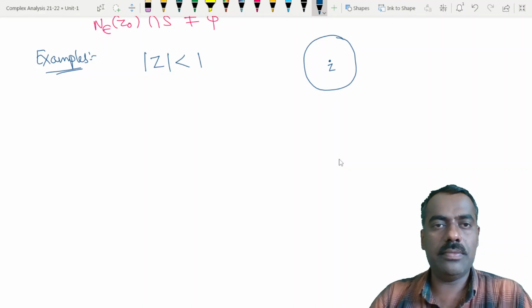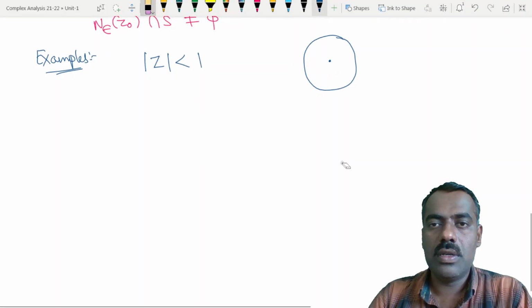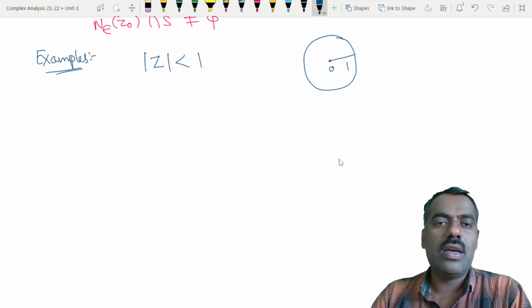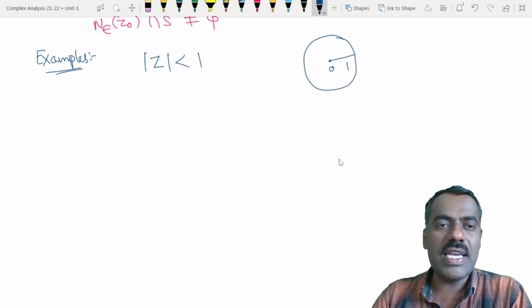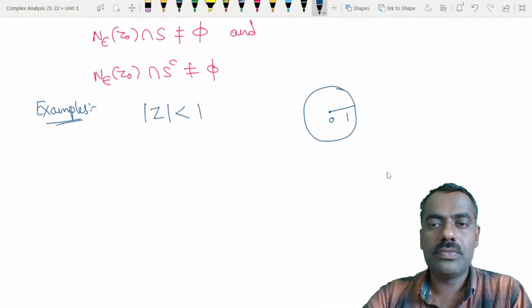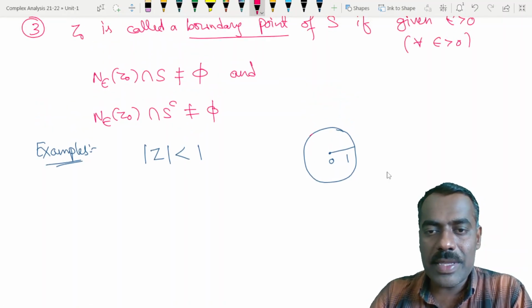So let me draw it. This is 0 and the radius is 1, right? Now mod Z is less than 1, so the boundary points, whatever I am writing in this dotted line, those points are not there in this set.